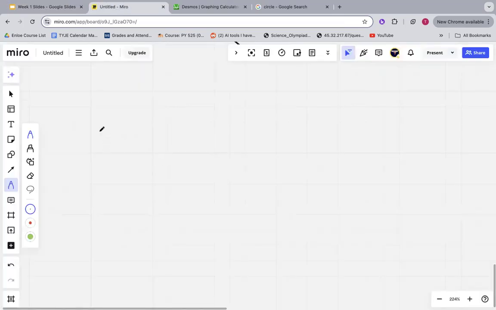So let's write down all the relevant variables. So we know M is a mass. So that has units of M. We're going to write it like that. So that's for mass. Okay.